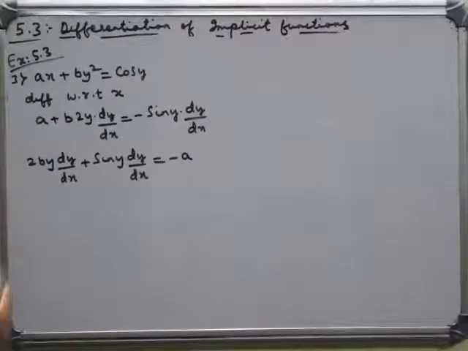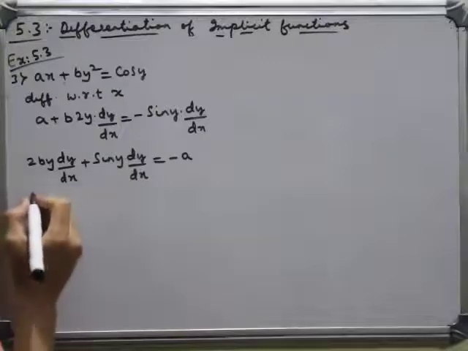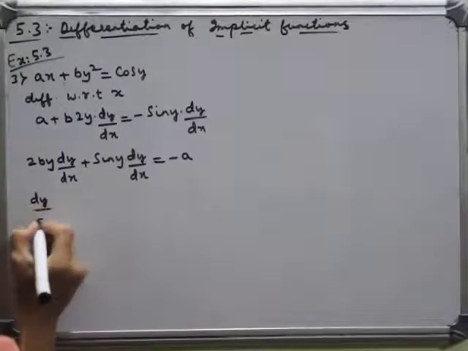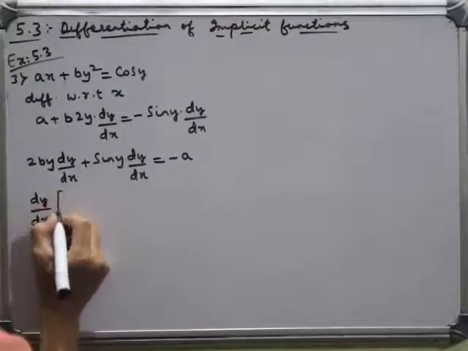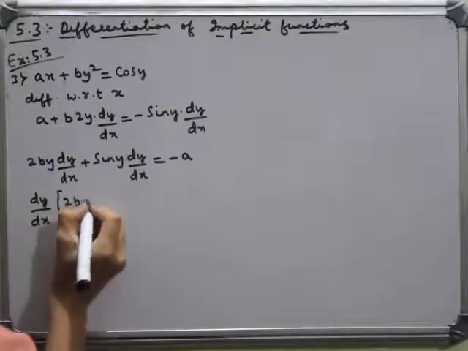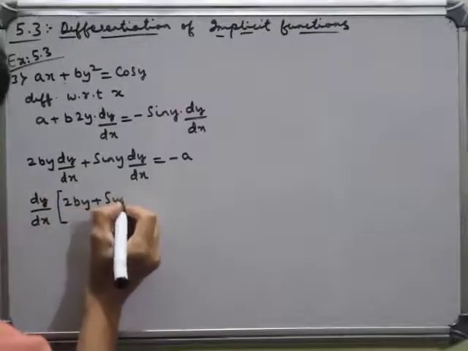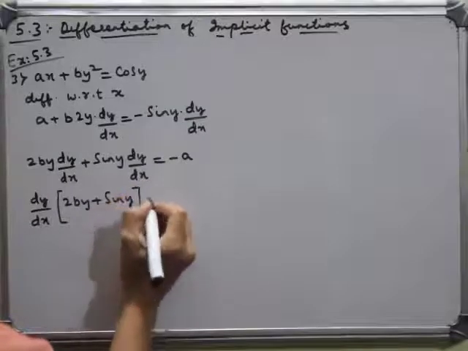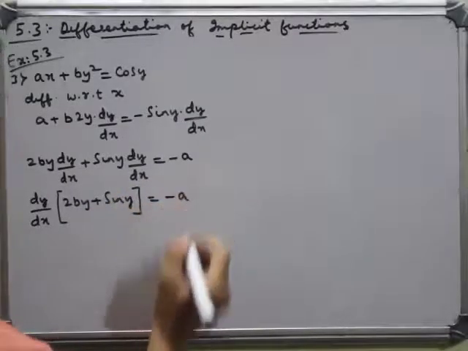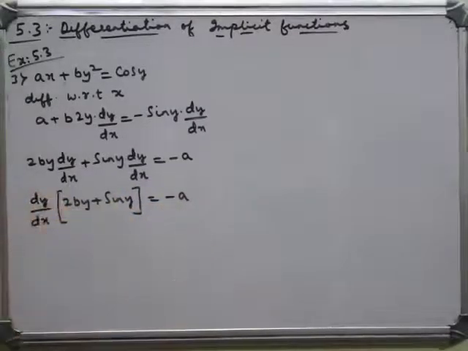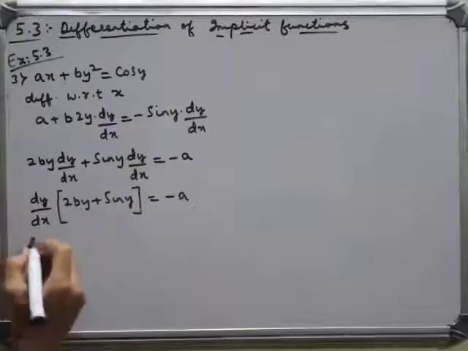Okay. Next, in these two terms, take out dy by dx as a common term. So what is left out? 2by plus sin y is equal to minus a. Now send this to the denominator. That will be your final answer.